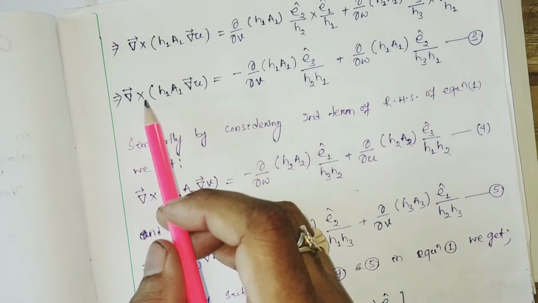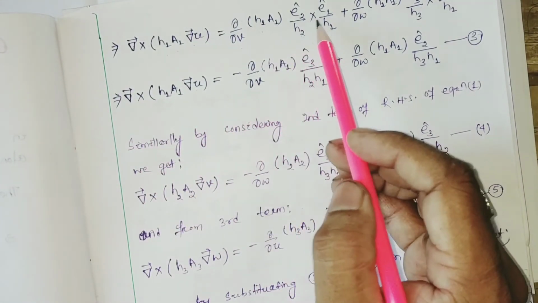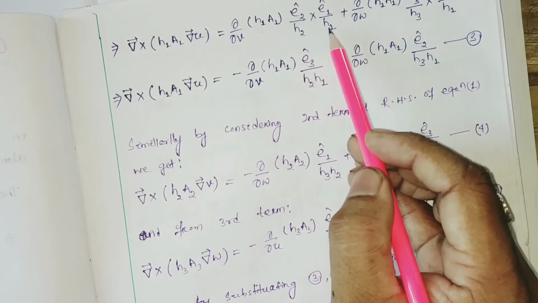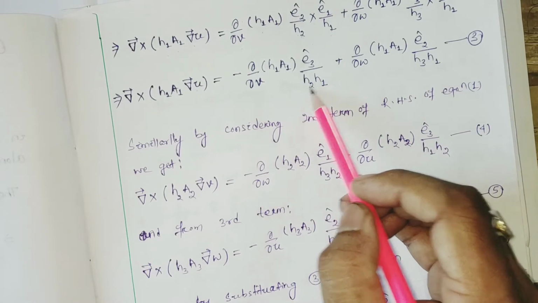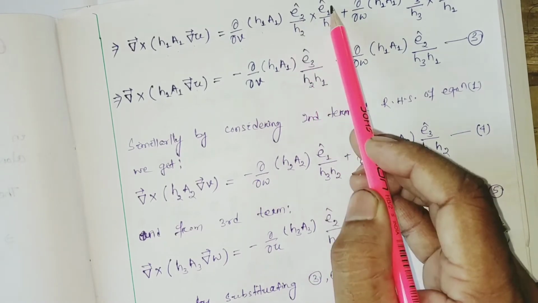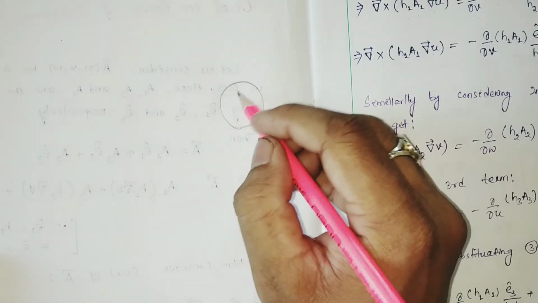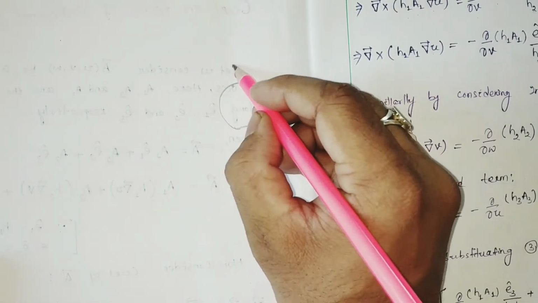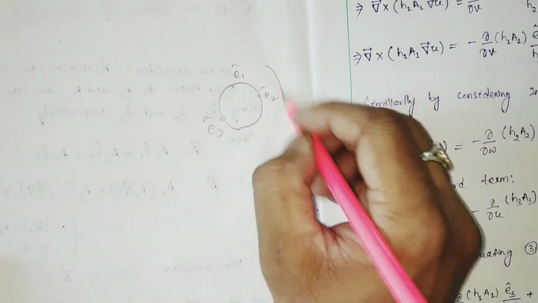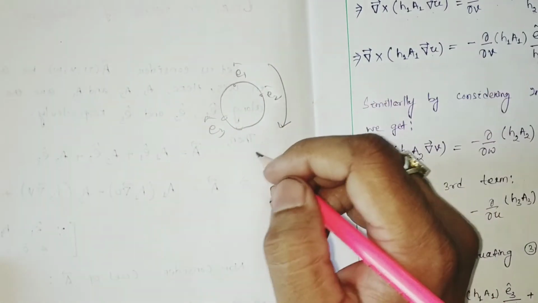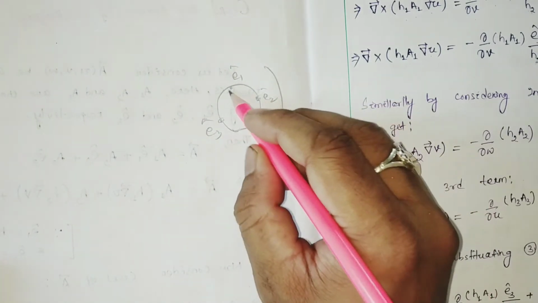So that implies del cross H1 A1 del U will be equal to, here you can see H2 H1, both are scalar, so the denominator will be H2 H1. Here E2 cap cross E1 cap will be minus E3 cap. Previously we have already discussed this. This is your E1 cap, E2 cap, E3 cap. So clockwise will be positive, anti-clockwise product will be negative.